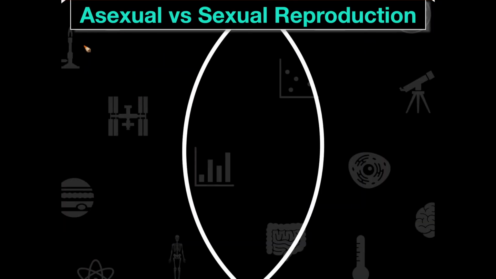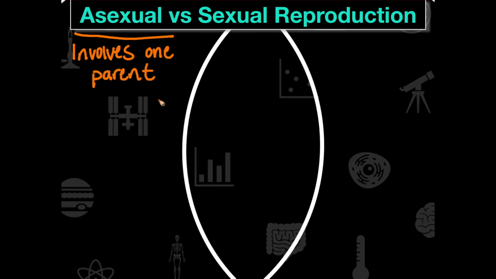So let's go through and look at asexual reproduction. We'll do this one in orange. So during asexual reproduction, this is only going to involve one parent. Now, if we continue on here, gametes are not produced. And gametes are going to be sexual cells, cells that are used to create new offspring when we talk about sexual reproduction.